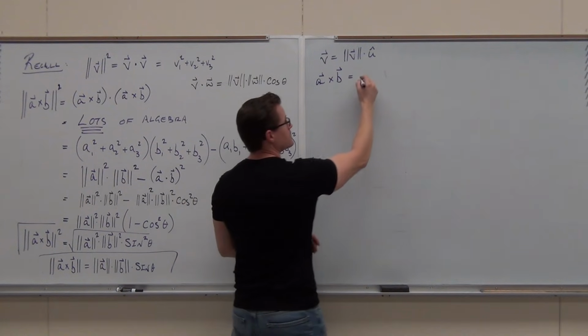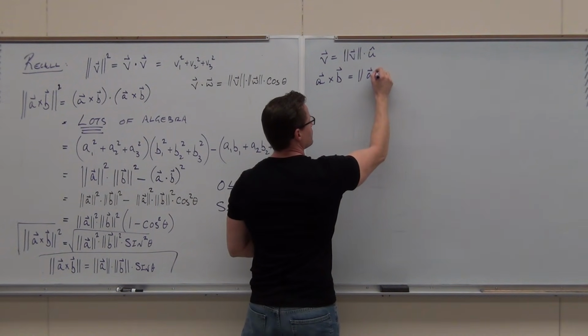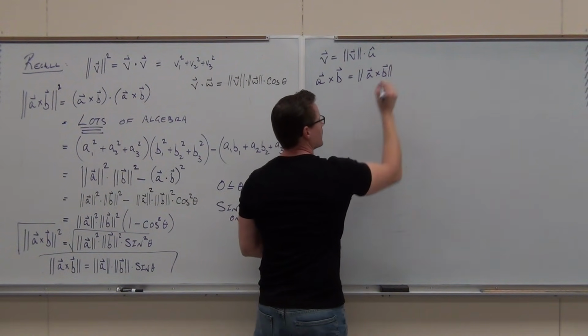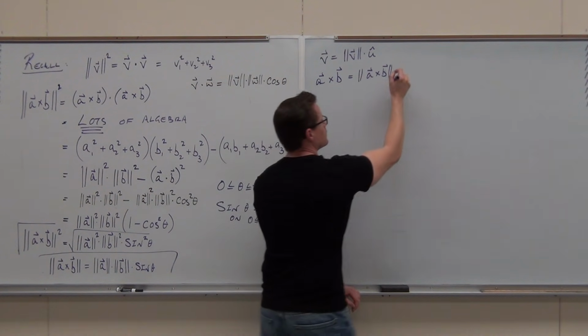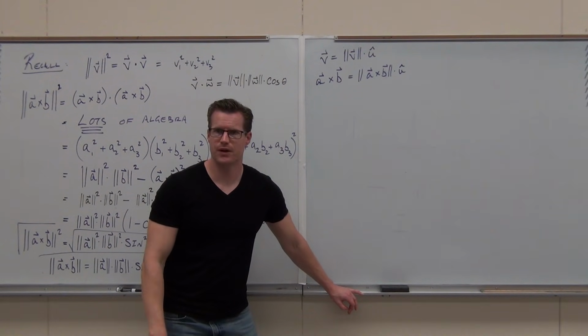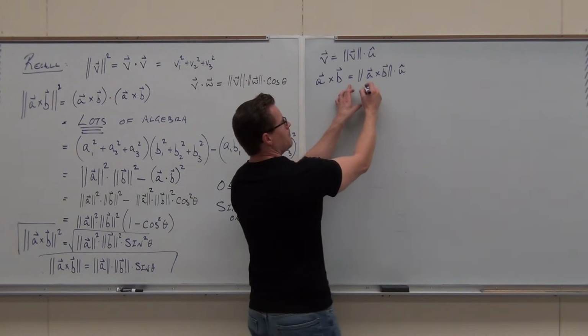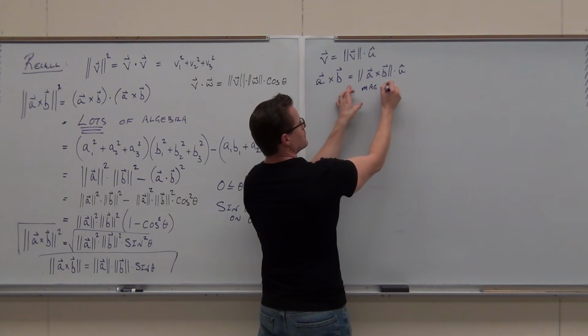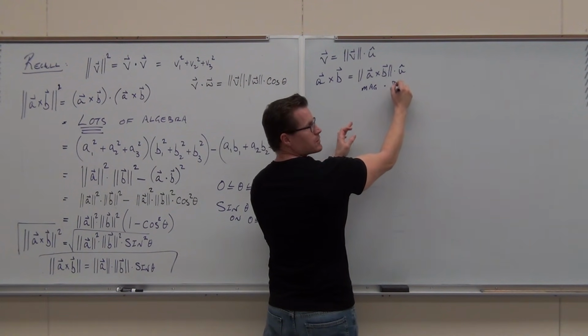Then A cross B can be written as the magnitude of the vector times the direction of the vector. Magnitude times direction.